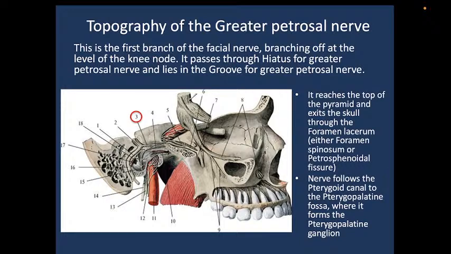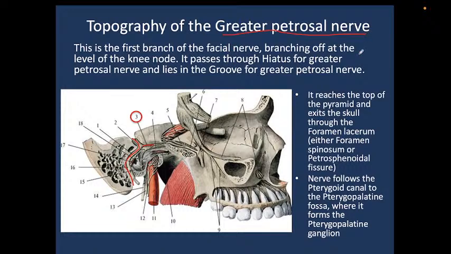The first branch, called the greater petrosal nerve, leaves the facial canal. Here you see this facial canal, and a small branch of the facial nerve, designated number 3, that is the greater petrosal nerve.